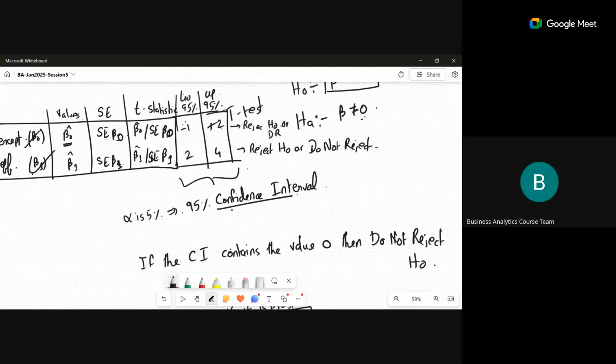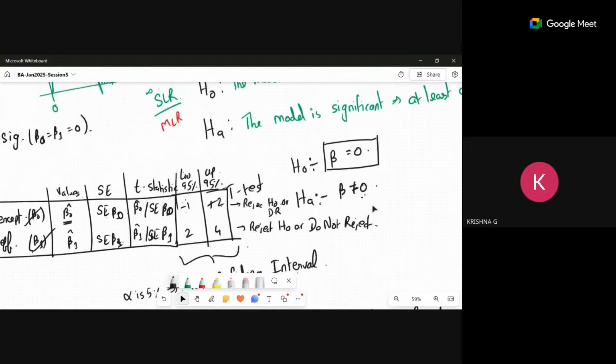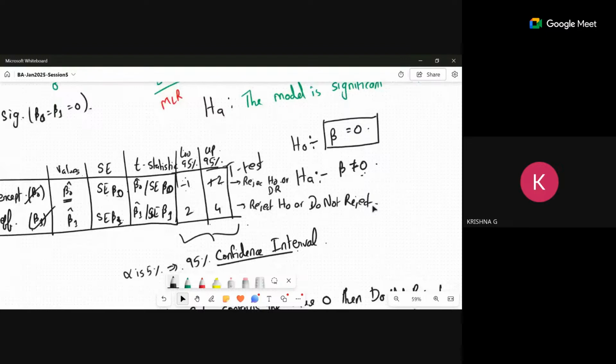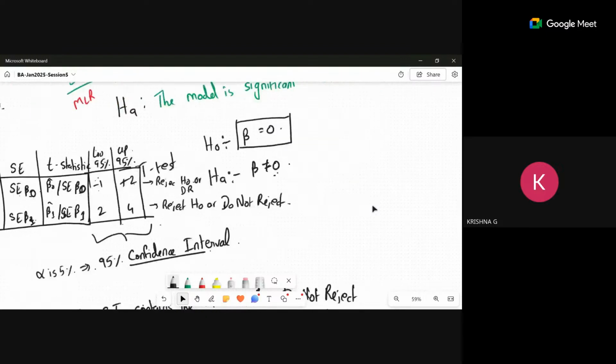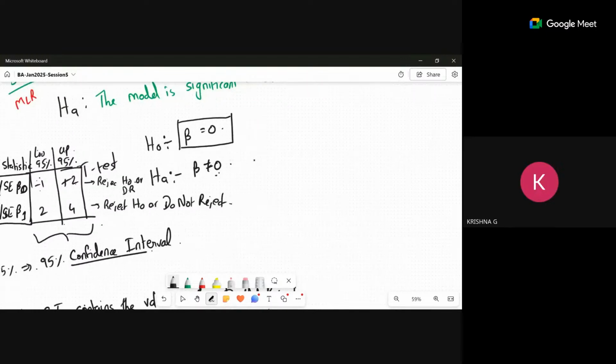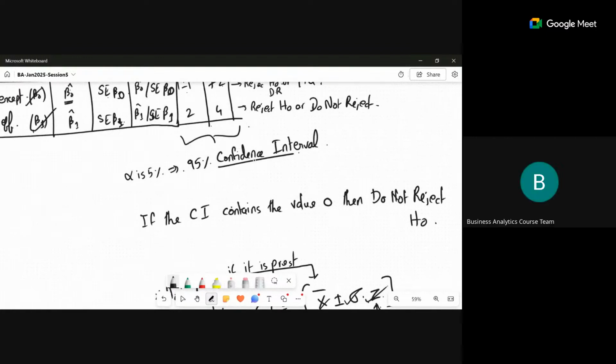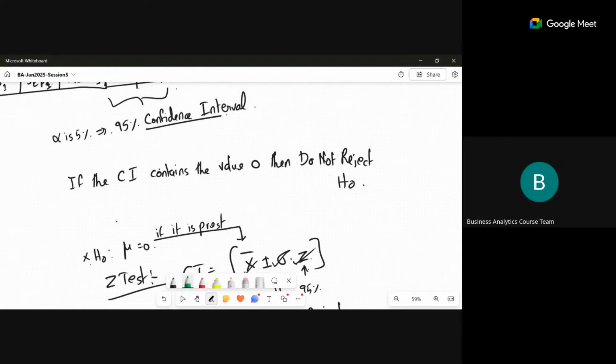Okay? All of you with me? Yes, sir. So this is basically your SLR. If the confidence interval contains 0, then do not reject H0.